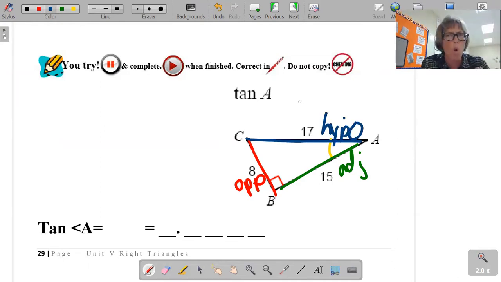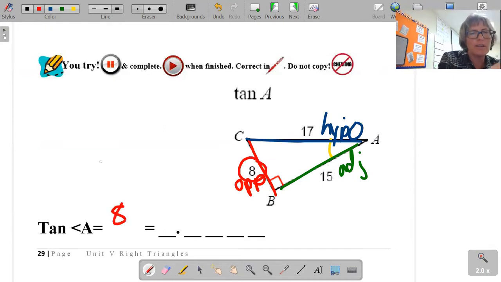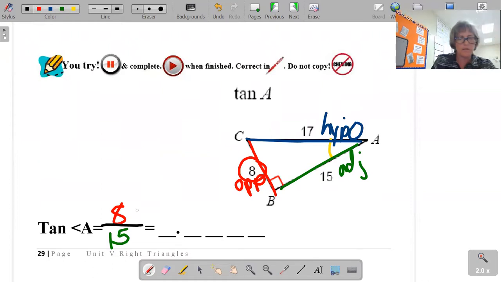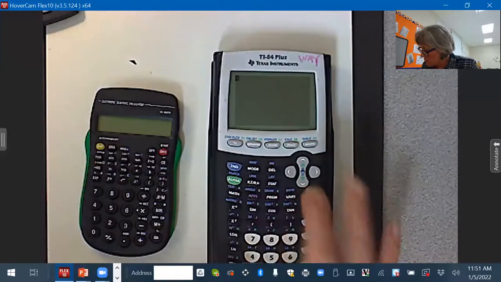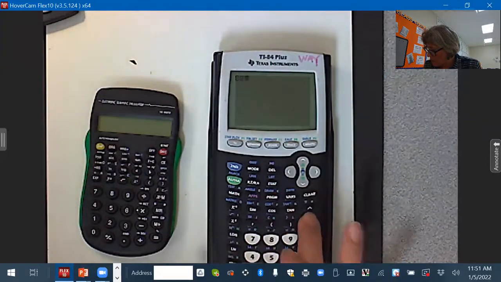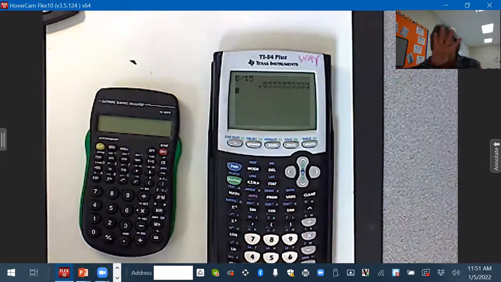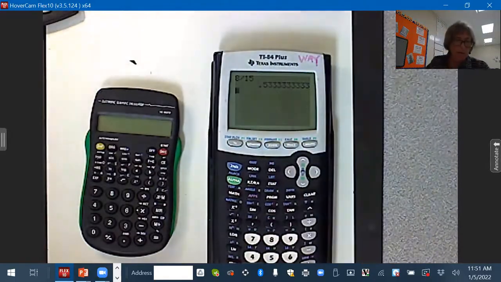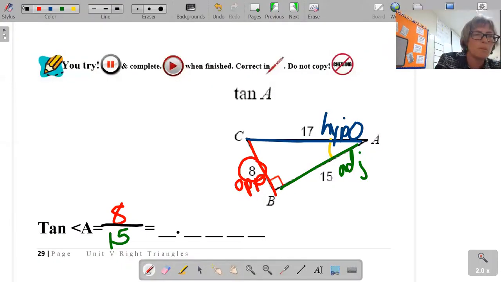Tangent is TOA. So O is 8, adjacent is 15. The tangent of angle A is 8 divided by 15. Take it to the fourth decimal: 0.5333, repeating.